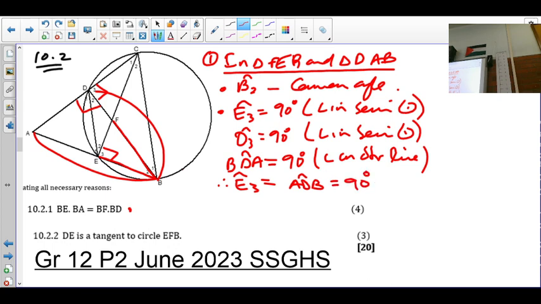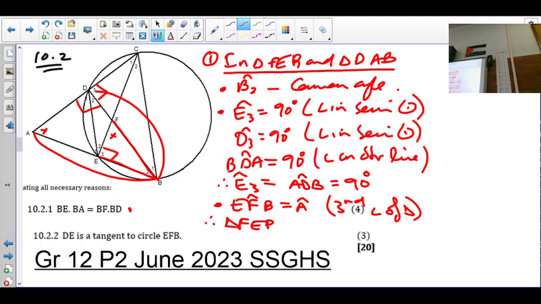Proven now, no? And then the third angle, of course, has to be EFB, has to be equal to angle A. Why? Because that's the third angle of a triangle.